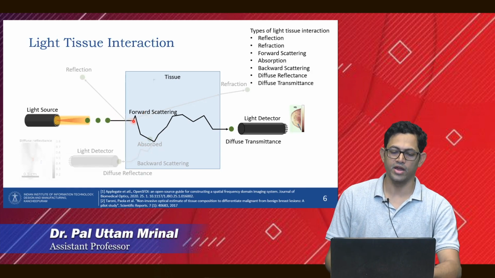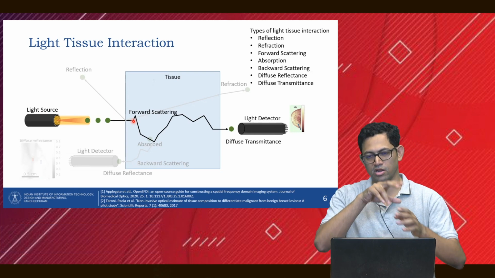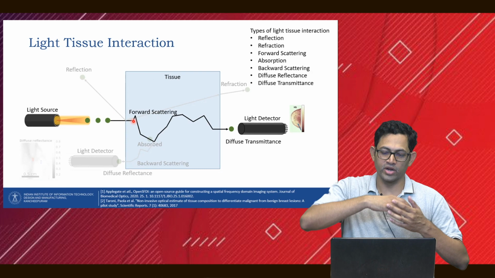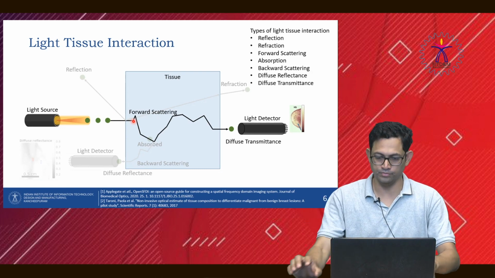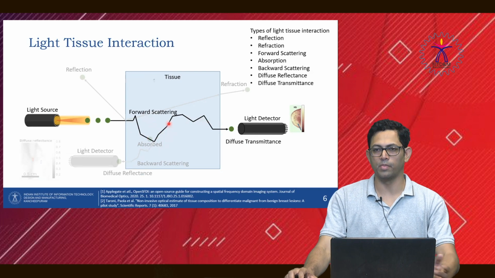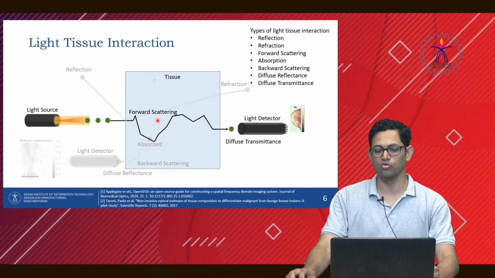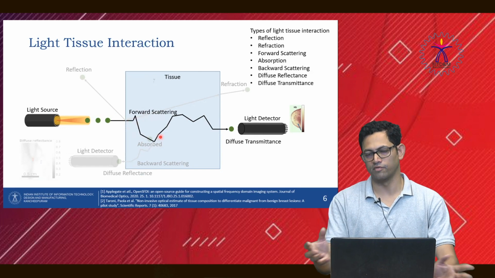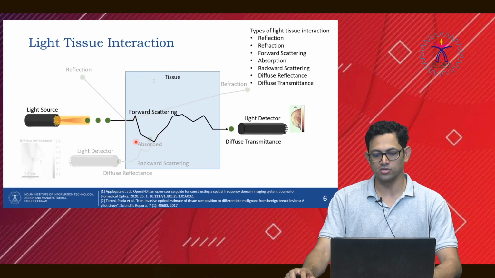So the light which is hitting many of the obstructions within the tissue somehow propagates through the tissue and comes out. Okay, and you can see that there is significant scattering. So this is just one of the paths that I have discussed. It could go through multiple paths, and this is the path of a single photon that I have discussed as of now, right. So it passes through the whole tissue and then comes out.